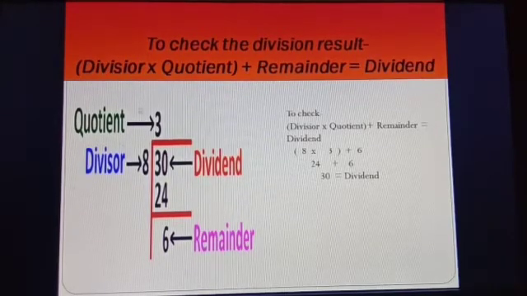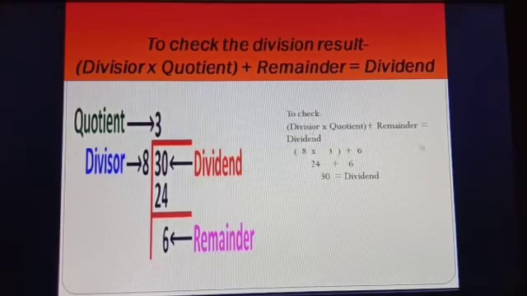So we are taking the same example as we did earlier. Just check: divisor multiplied by quotient plus remainder is equal to dividend. Divisor is 8, multiplied by quotient 3, plus 6. First we will multiply 8 by 3. 8 threes are 24, plus 6 is equal to 30.